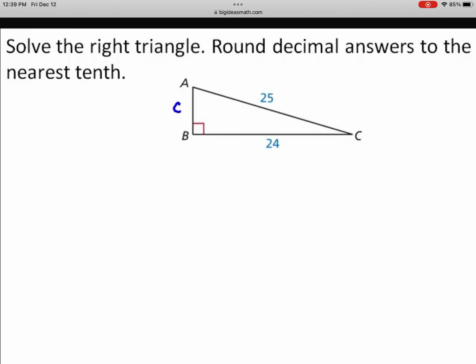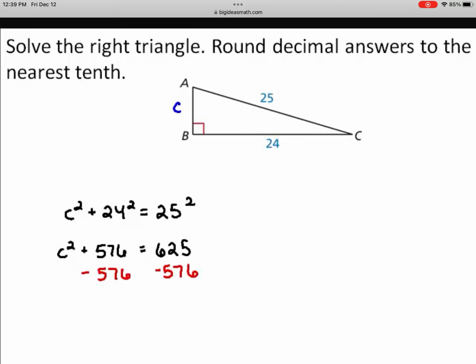Because this is a right triangle, you can use the Pythagorean theorem, which says that c squared plus 24 squared equals 25 squared. Simplifying gives that c squared plus 576 equals 625. Subtracting 576 from each side gives c squared equals 49. Then taking the square root of each side gives c equals 7.